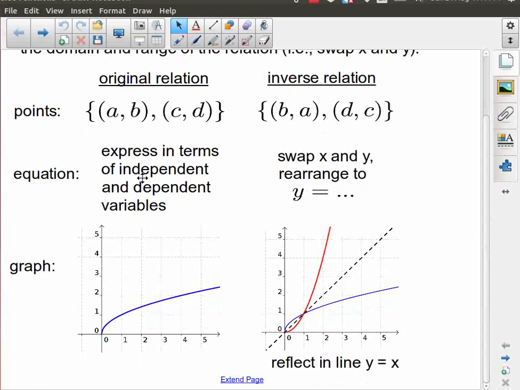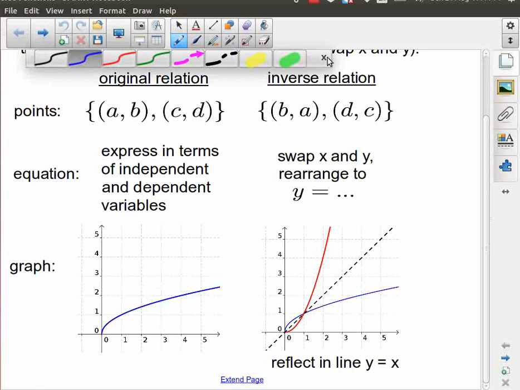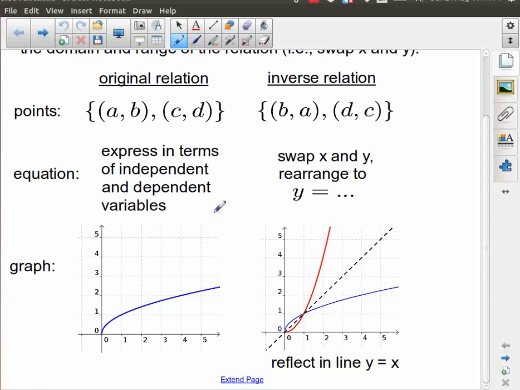Now, in order to do it using an equation, generally we're going to be starting with functions in this case. Rarely are you going to be given just a generic relation that's not a function. One of the reasons is that you're probably going to be starting with something that's already in the form y equals something.